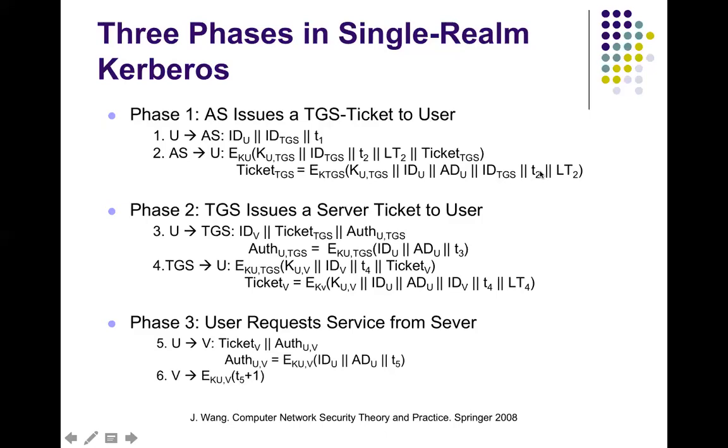So this is when this ticket is issued, and this is when this ticket should expire. The most important part here is the session key, K sub U comma TGS.